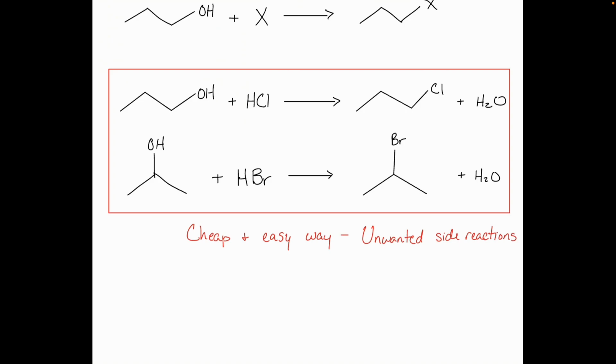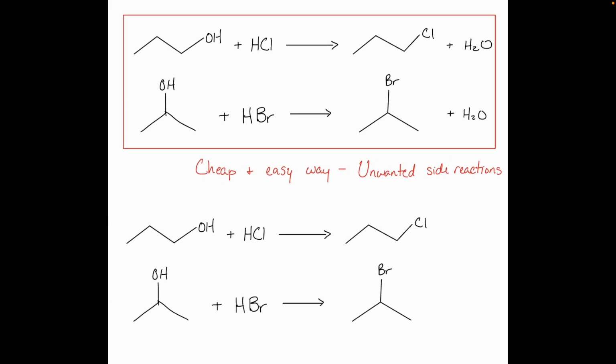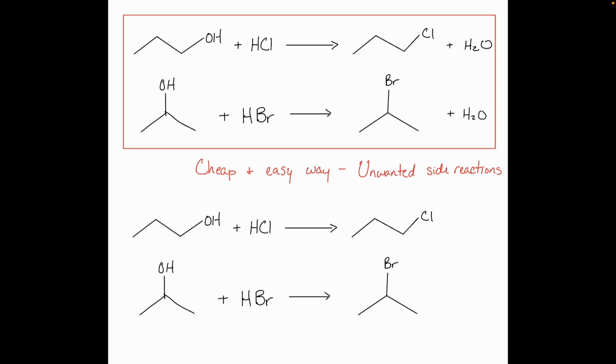Okay, so because of that, we're going to have a set of reagents that we could use that will accomplish the exact same thing. All right, so if I'm, for example, wanting to substitute on a chlorine, I could also use what's called thionyl chloride, or SOCl2.